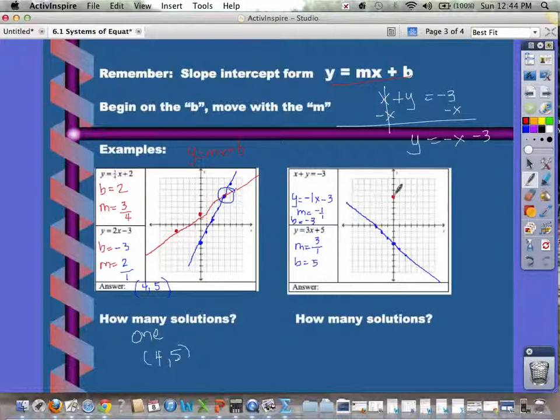All right, and then my slope is a positive 3 over 1, so I'm going to go up 3 and over 1. But I'm also going to go backwards, down 3 and left 1. Down 1, 2, 3 and left 1. Okay, so at least I can see where I'm going to intersect. All right, then draw a line.